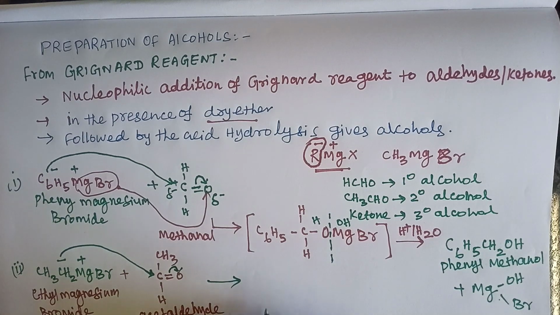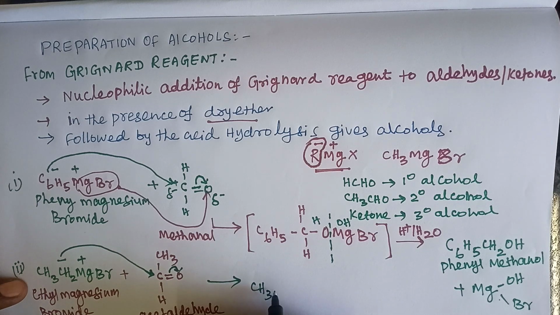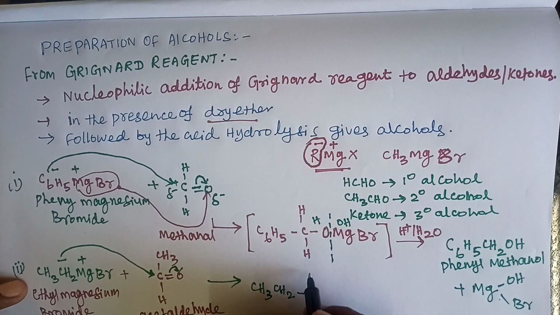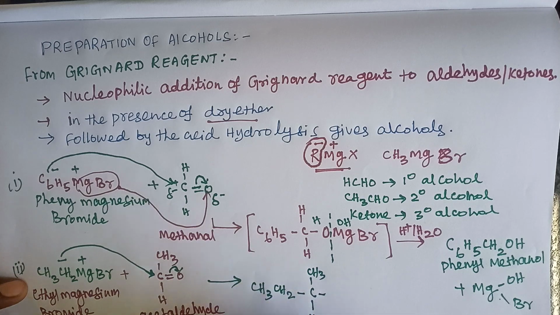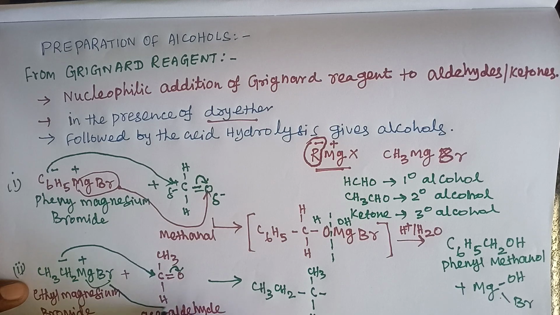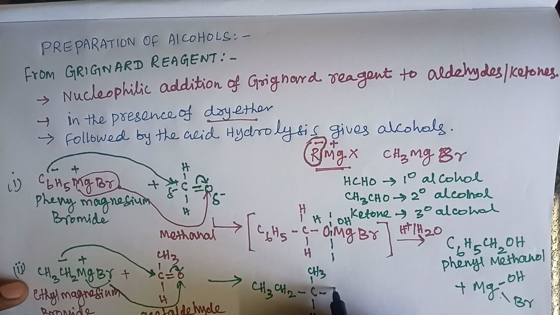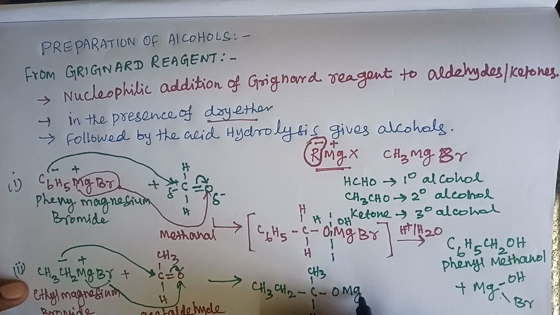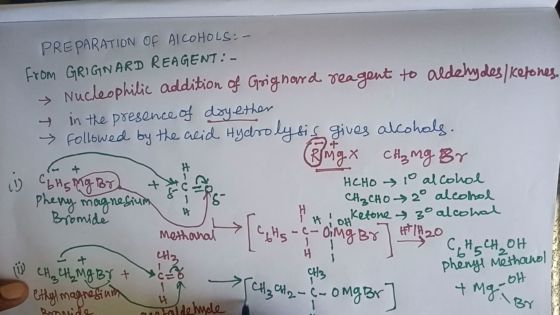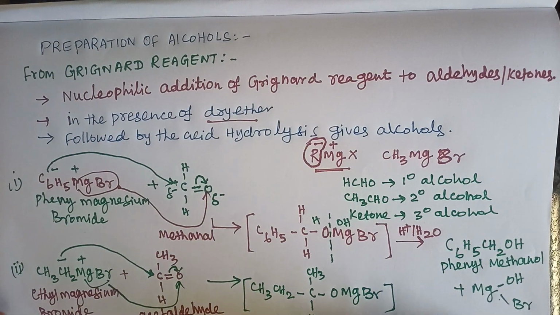It gives the addition product like this: CH3CH2, this carbon present here, CH3, here hydrogen, and this MgBr attaches to this oxygen. They give OMgBr, which is an unstable compound. It undergoes acid hydrolysis.